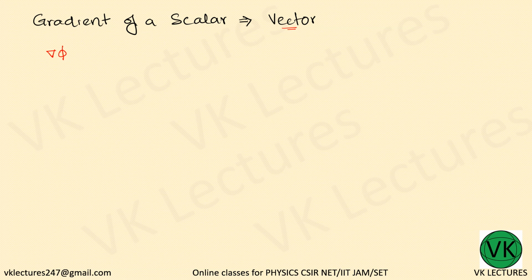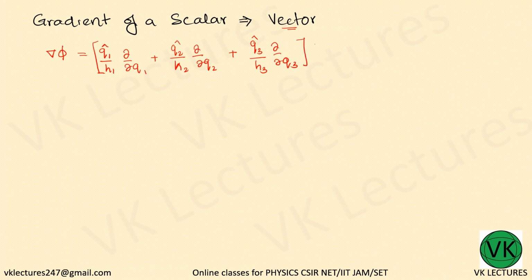Phi is the scalar and del is the operator, given by q1 cap by h1 into dou by dou q1 plus q2 cap by h2 dou by dou q2 plus q3 cap by h3 dou by dou q3, into phi.